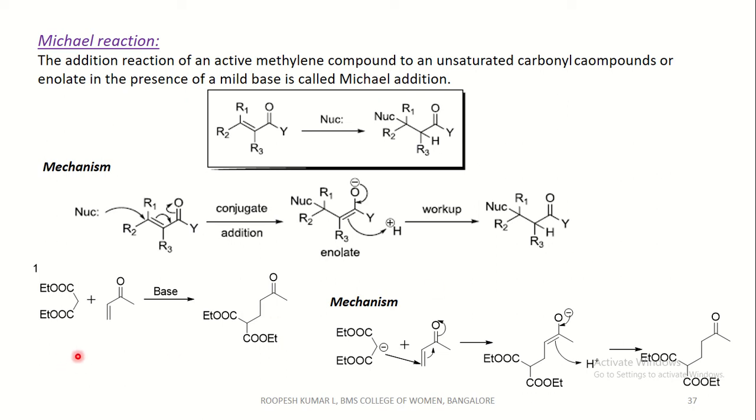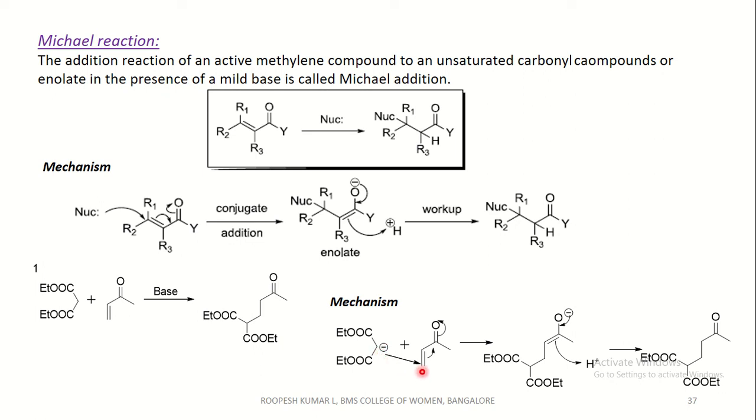Coming to the example, this is an active methylene group that reacts with methyl vinyl ketone. This is a perfect example for an alpha beta unsaturated ketone, in the presence of base to give a ketone. Coming to the mechanism, this base abstracts a proton, an acidic proton which is here, to form a carbanion.